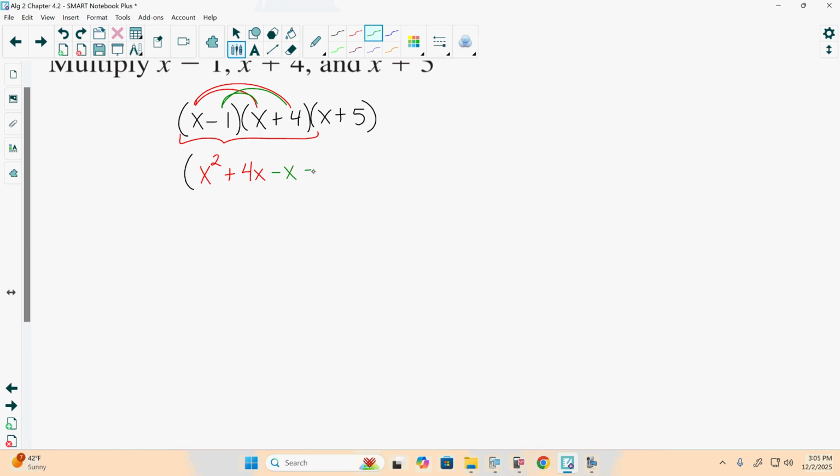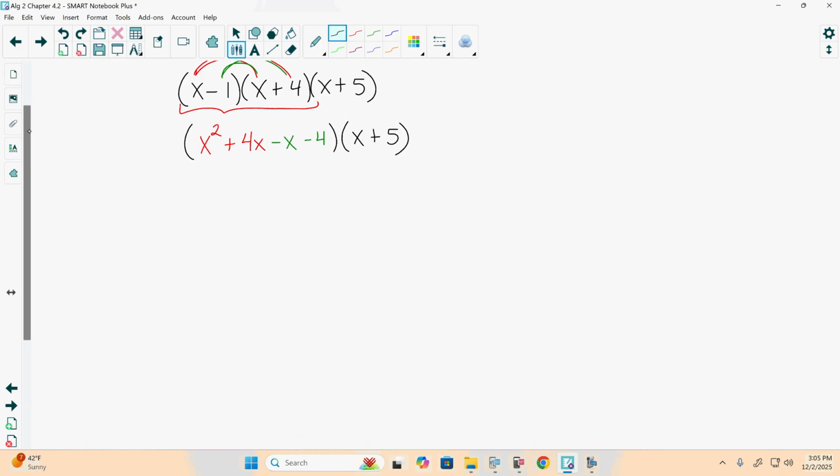And negative 1 times 4 is negative 4. Telling us that we have x squared plus 4x minus x minus 4. Now, if it wasn't for the fact we're still multiplying it by the x plus 5, we wouldn't put parentheses. But since we do have that one more multiplication, we do need to include the parentheses.